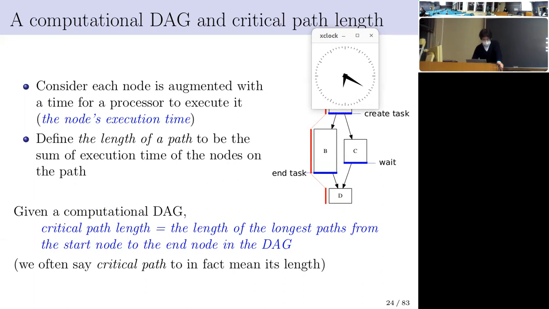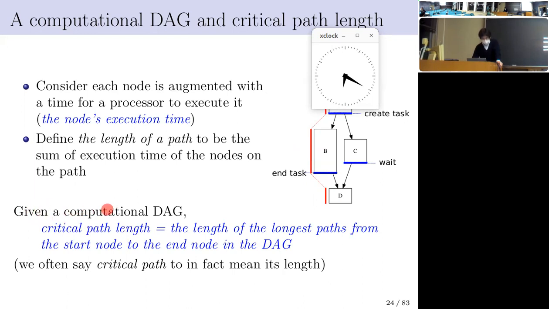The length of this particular path, A, B, D, is the total execution time of A, B, and D. This is as simple as this. So this is the important definition.